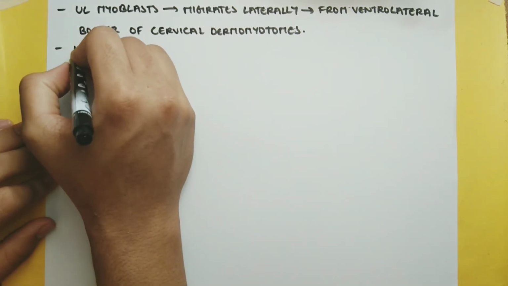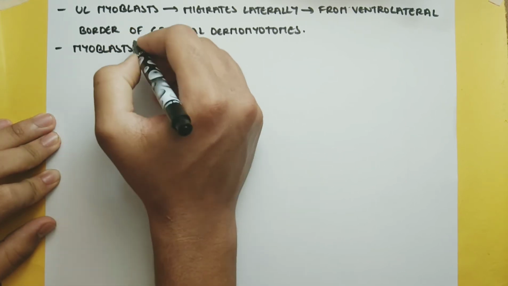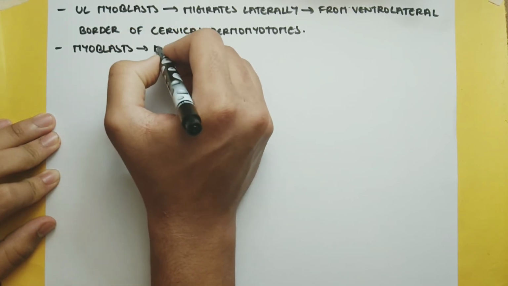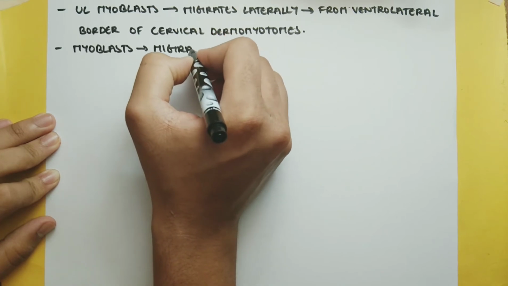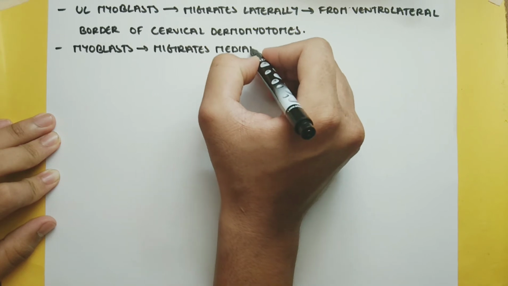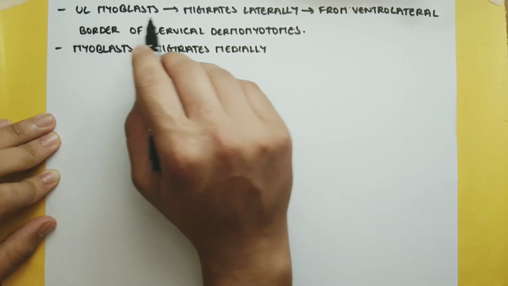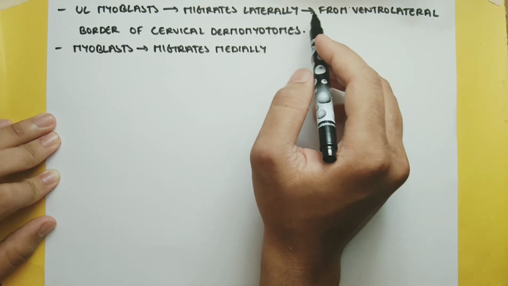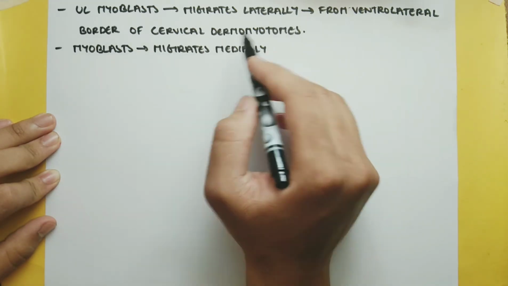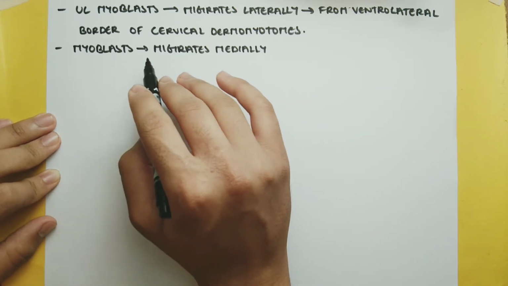Some of the myoblasts migrate medially. We discussed that the myoblast migrates laterally from the ventrolateral border of cervical dermomyotomes. Now we are discussing what if the myoblast migrates medially.